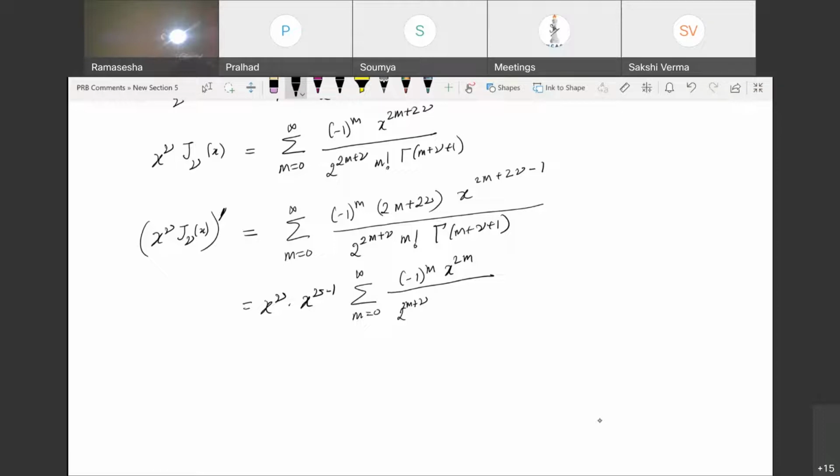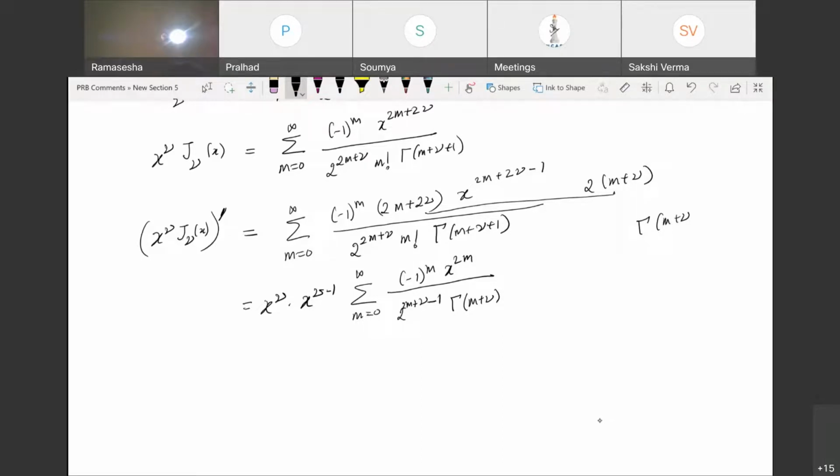So this gives you m plus nu, because gamma m plus nu plus 1 is equal to m plus nu, gamma m plus nu.